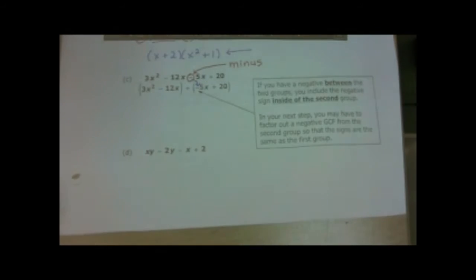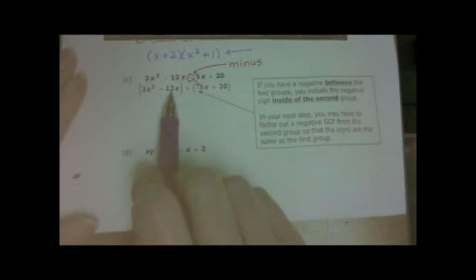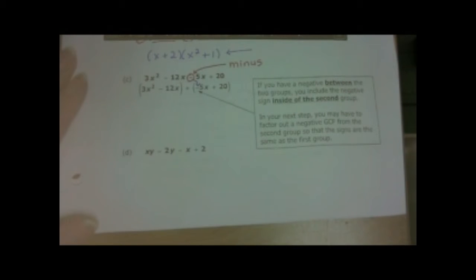So what we're going to do is we're going to put this minus sign inside that second parentheses. So when I write my parentheses, I've got 3x squared minus 12x, and instead of leaving a minus here, I'm going to put a plus here, and I'm going to move the minus inside the parentheses. So I have negative 5x plus 20 in the parentheses.